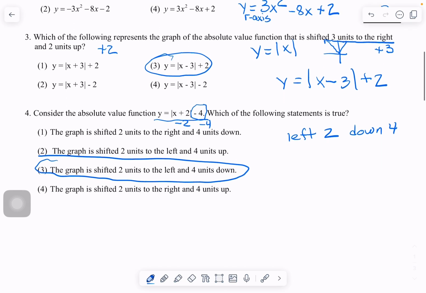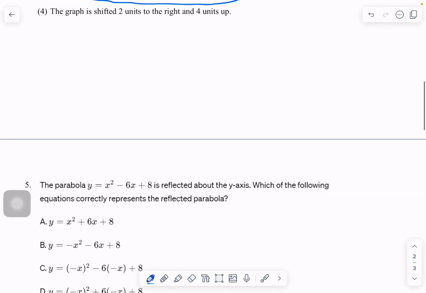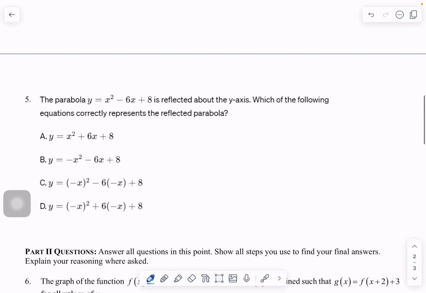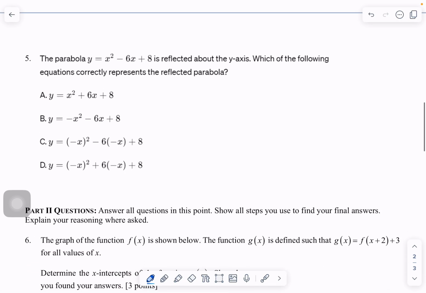All right, let's go on to the back of the page. We had the reflection in the x-axis earlier. Now we're going to have the reflection in the y-axis. For the y-axis, a positive x would become a negative x, and a negative x would become a positive x. So to do this, what we have to do is negate the x in the middle term. So this is a reflection in the y-axis.